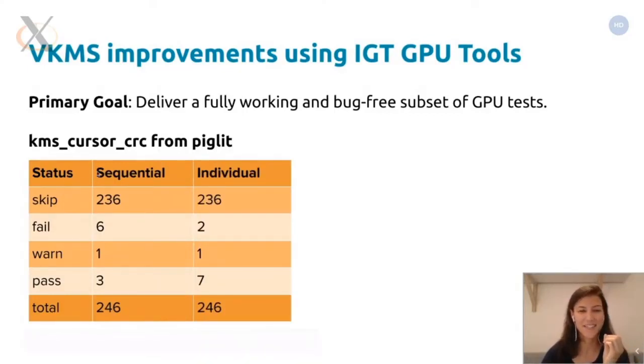The sequential execution was unstable. A unique run of a subtest was passing, but it failed when in the subtest sequence. This behavior caused confusion, annoyance, and a lack of confidence for both VKMS and the test suite.